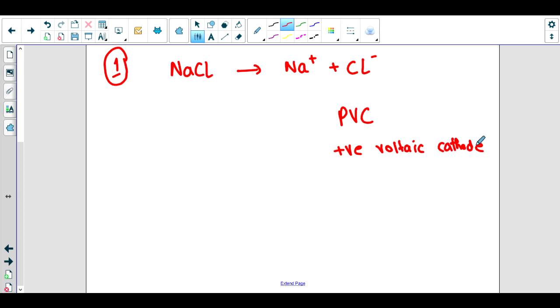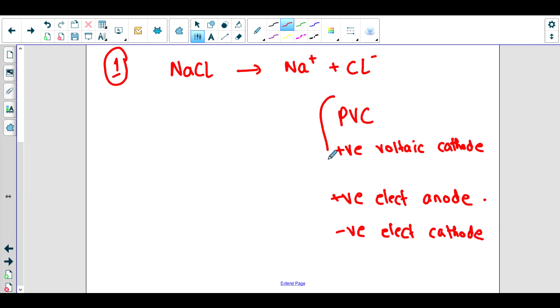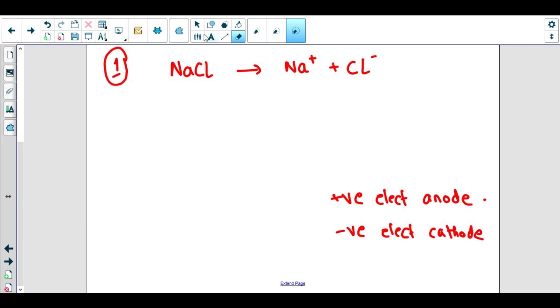If positive of voltaic is cathode, surely the positive of electrolytic cell will be anode, and the negative of electrolytic cell will be cathode. So I use this mnemonic.